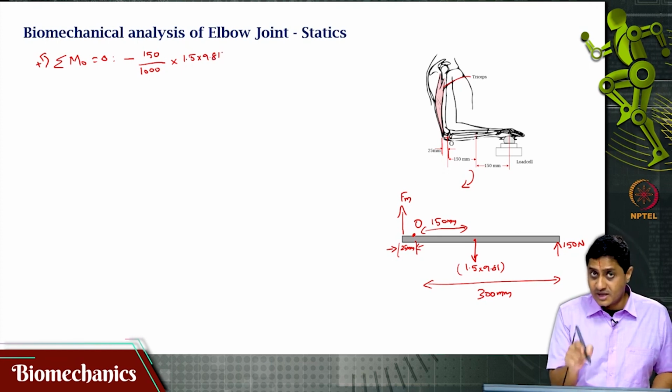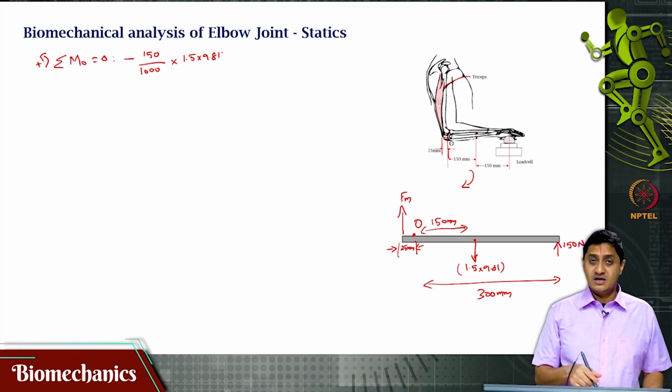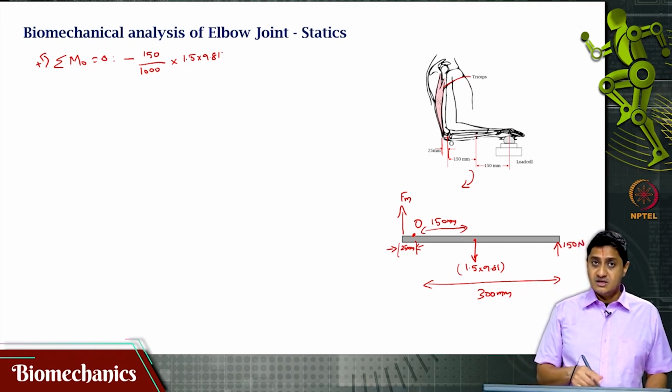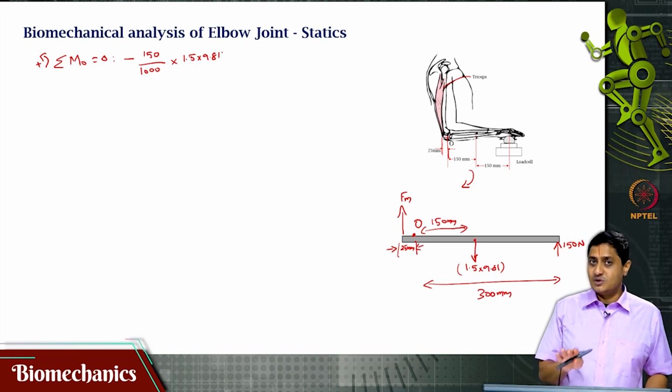Remember to include the 9.81 explicitly, otherwise you will assume this as 1.5 newtons. 1.5 kg is not 1.5 newtons, it has to be multiplied by 9.81 and not 10, it is not 15. 1.5 times the acceleration due to gravity is a number less than 15, perhaps 14.7.